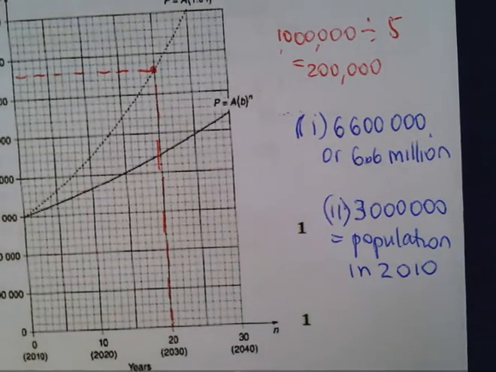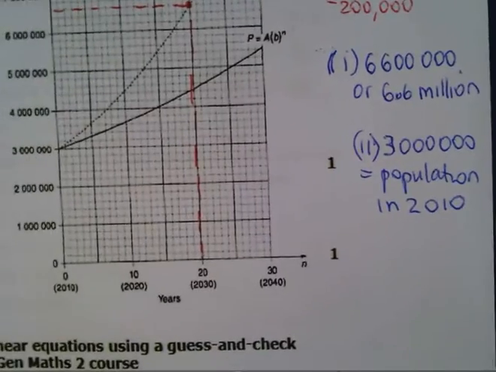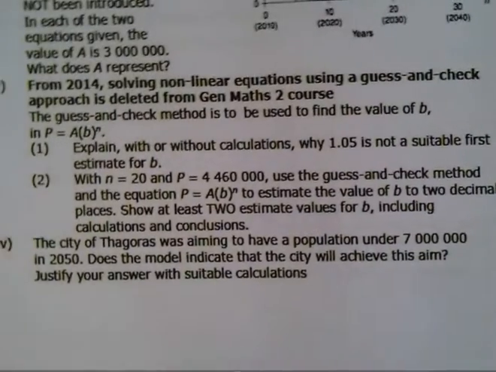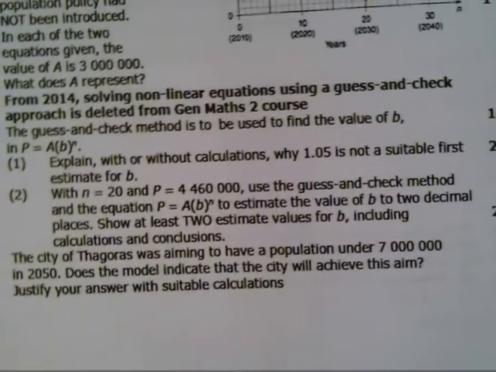Okay. Now it says, ready? It says now from 2014, solving nonlinear equations using a guess and check approach is deleted from the General 2 Maths course, and then they're asking you to do guess and check here. Okay.